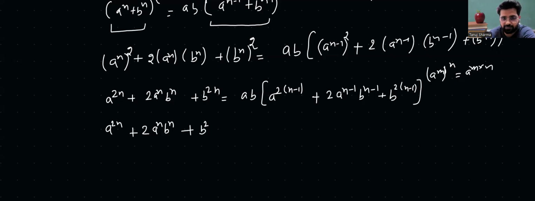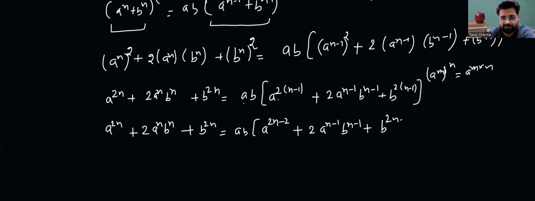So first I am using one more step here, a raised to power 2 and minus 2. Just multiply this 2 inside the bracket and distribute it. So this is equal to 2 raised to power n minus 1, b raised to power n minus 1, plus b raised to power 2 and minus 2. I hope this step is clear.